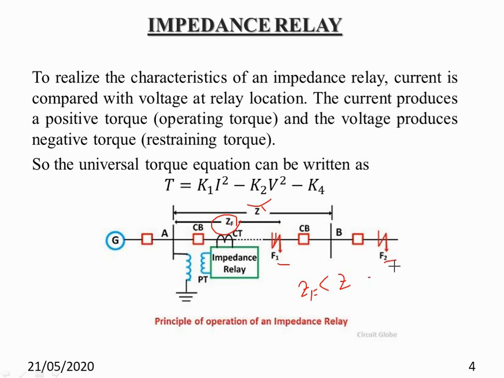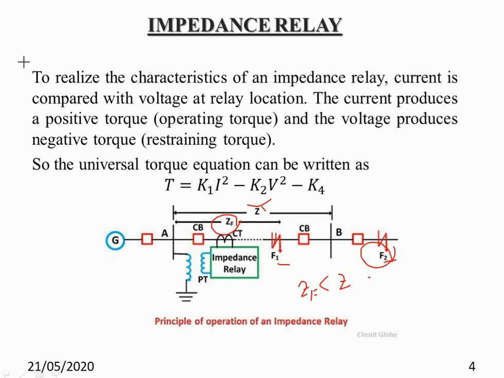Now if we say the impedance up to F2 is Z of F1, we can easily see from the diagram that Z of F1 is greater than Z. That means the relay will not operate, because it's beyond its zone.